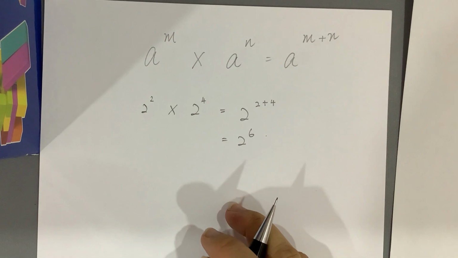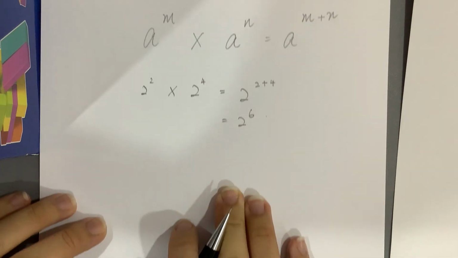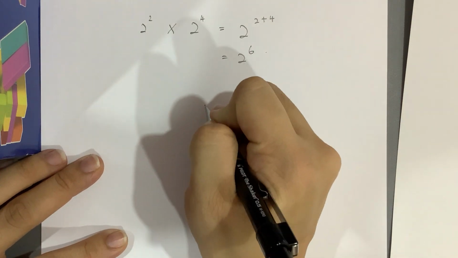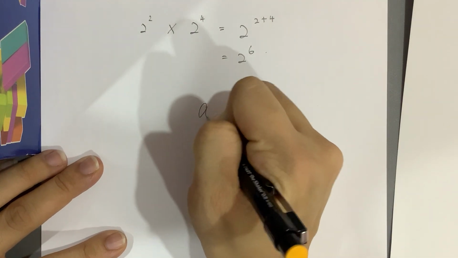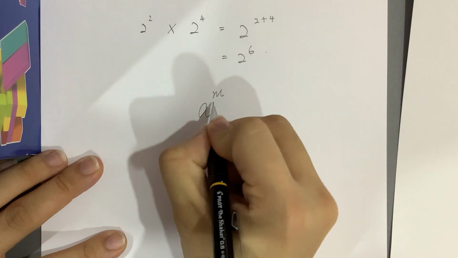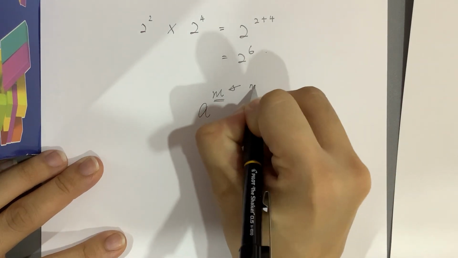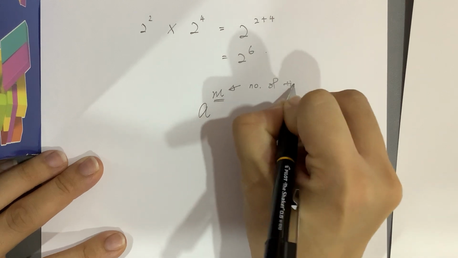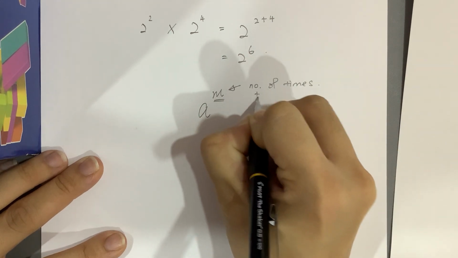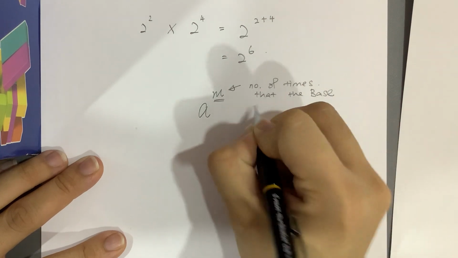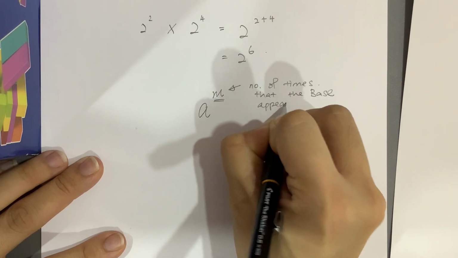So let's look into the basics. Just now I talked about the base, which is a to the power of m, meaning m is the number of times that the base appears.